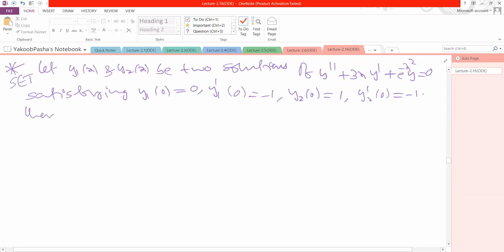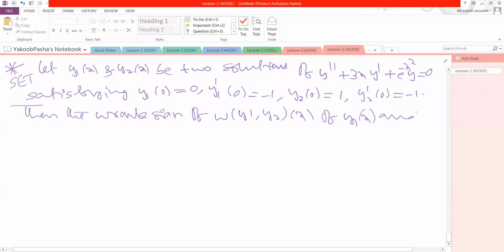Then the Wronskian of y1, y2 of x, at x is equal to 1. This is the problem.